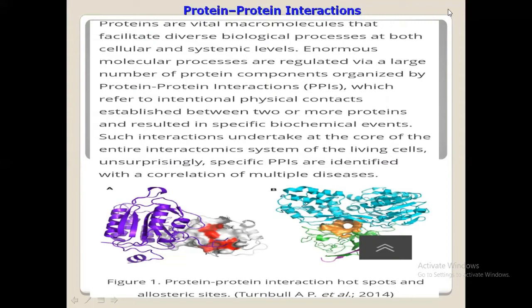They are very important biomolecules present inside the cell, and they process at both cellular and systemic level.